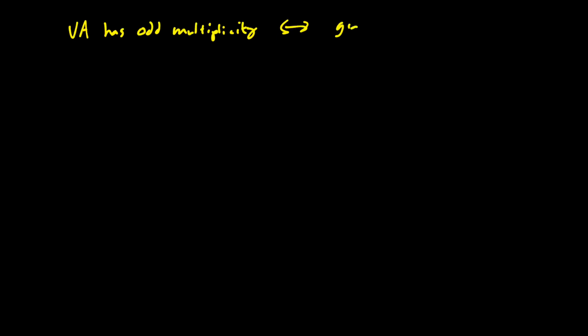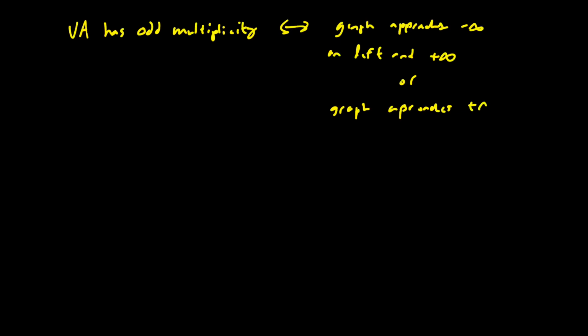Either the graph approaches negative infinity on the left and positive infinity on the right, or the graph approaches positive infinity on the left and negative infinity on the right.